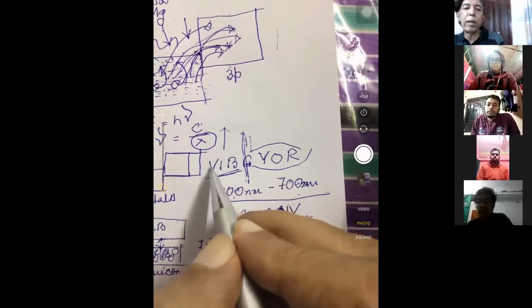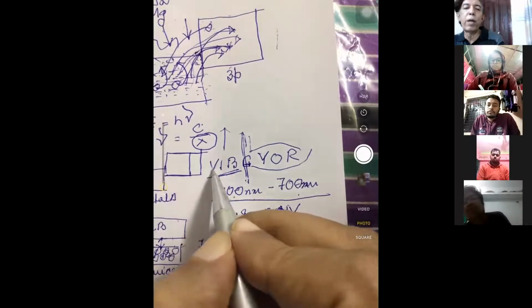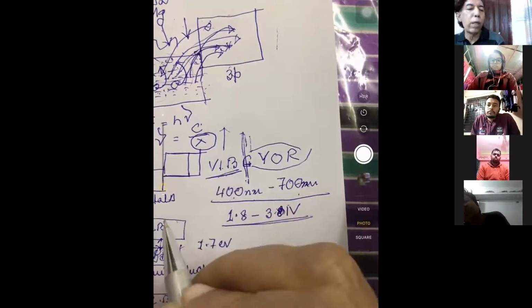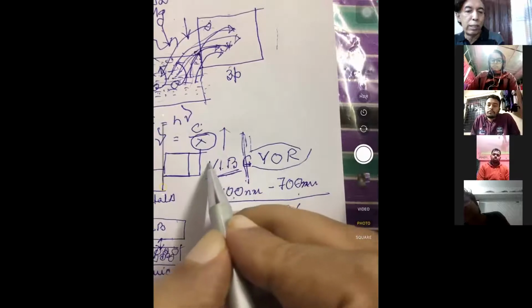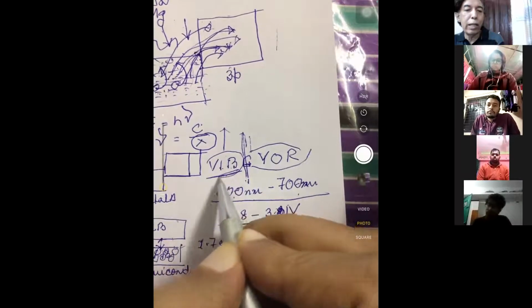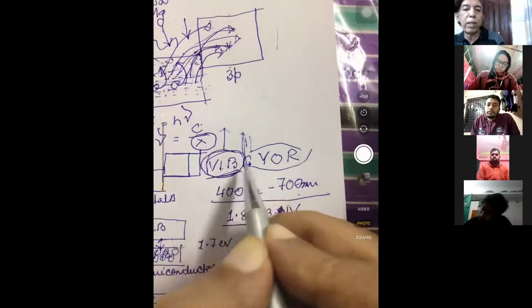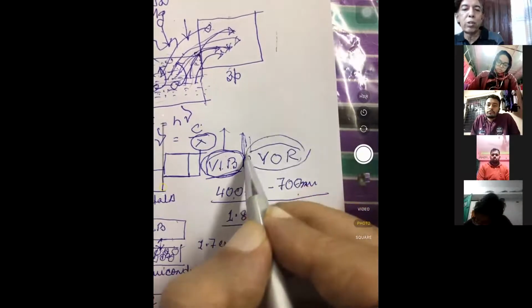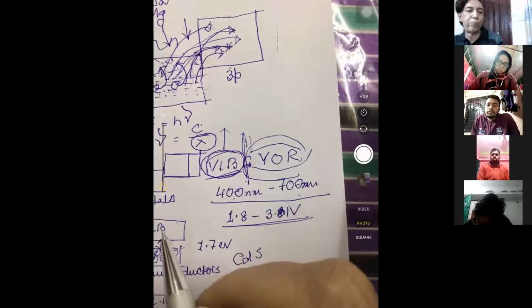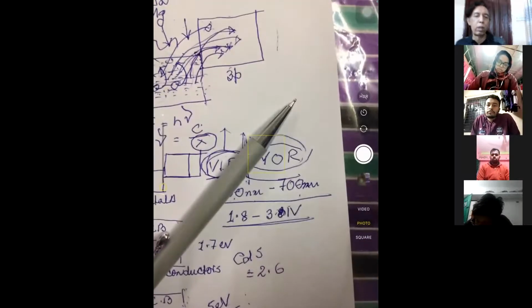You will see a mixture of violet, indigo and blue color, because these energies are transmitted and these energies will be absorbed. বুঝা গেছে জিনিসটা?